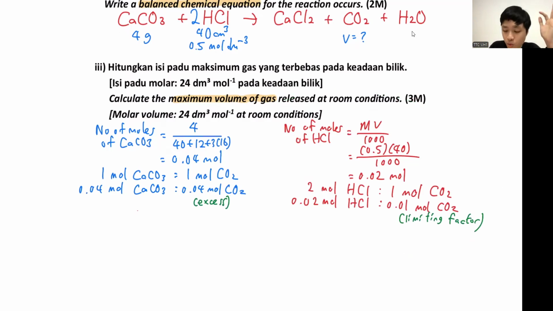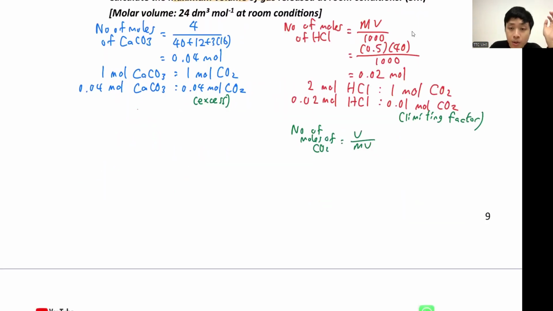Okay. So 1 mark, 2 marks. The other mark is to find the volume. Because the formula: number of moles of CO2 equals volume over molar volume. If you want to find volume, then you use molar volume multiplied by number of moles.